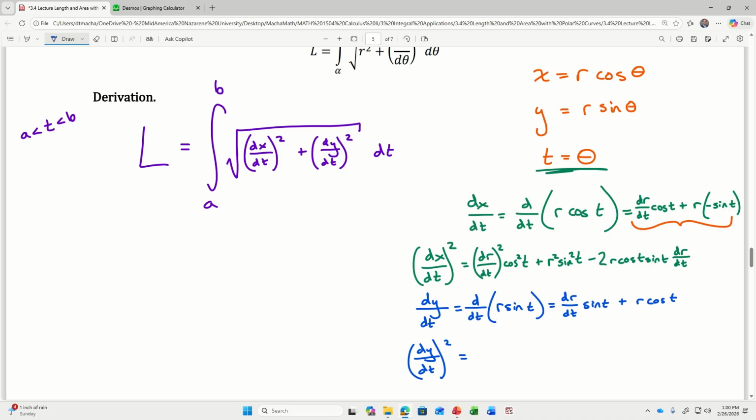And so we take the first term squared plus the second term squared plus 2 times what we get if we multiply them. And together, the first term squared is going to be dr dt squared times sine squared. The second term squared is going to be r squared cosine squared t. And then what I get when I multiply the two terms, and I have to do that twice, so I get 2r dr dt cosine t sine t.